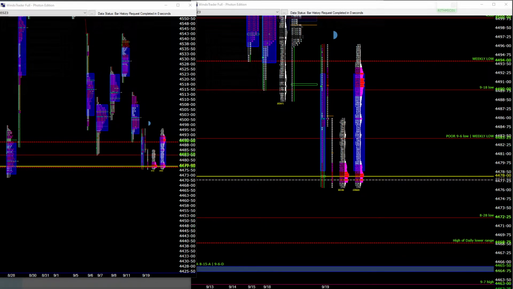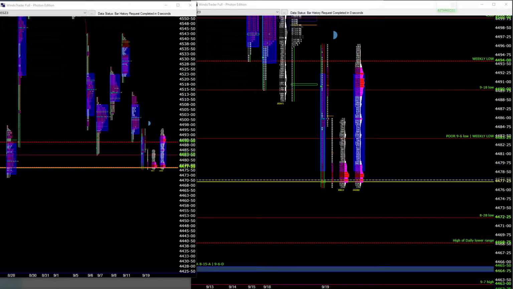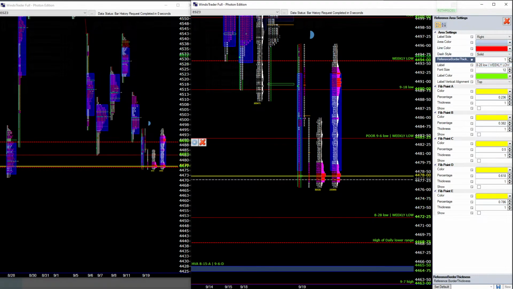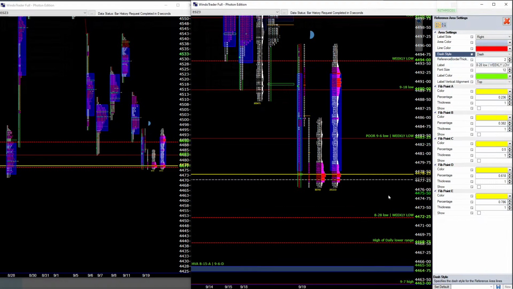This also is a weekly low. 828. There's another weekly low here. Daily low range 68. That's not true.